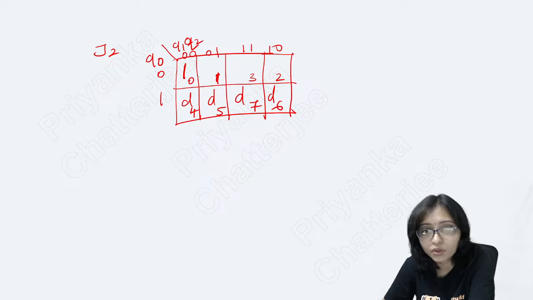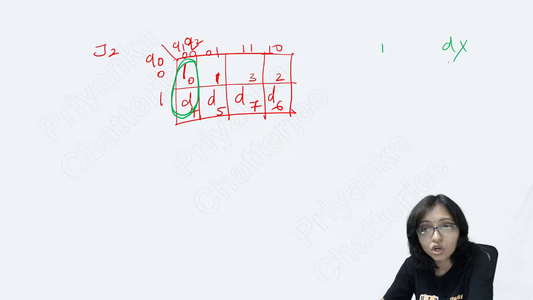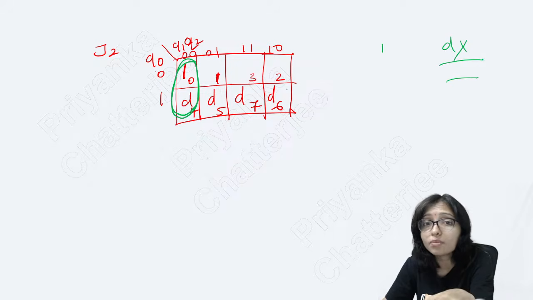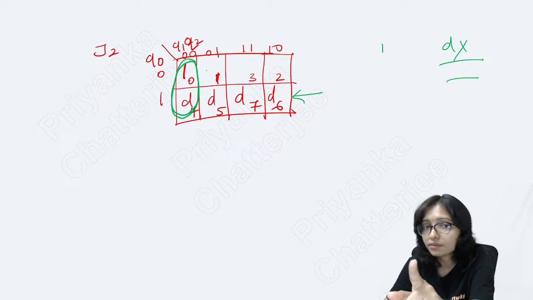Is there any other possibility? My target is 1, not D. To cover the 1, I can take the D, but unnecessarily don't say I will take this D. My target is 1, so this is the only possible grouping.